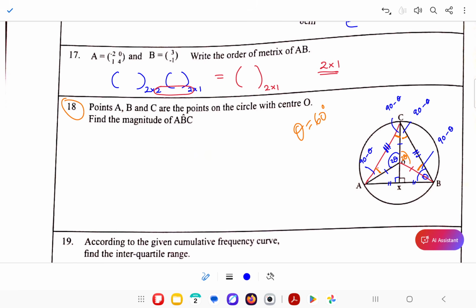Same thing. Yeah, I think yes. OAB is also a congruent triangle, so we can say AC equals CB equals AB. So triangle ACB is equilateral. So then angle ABC has to be 60.